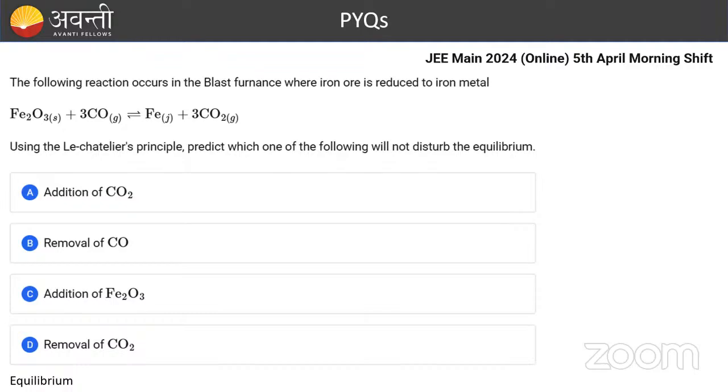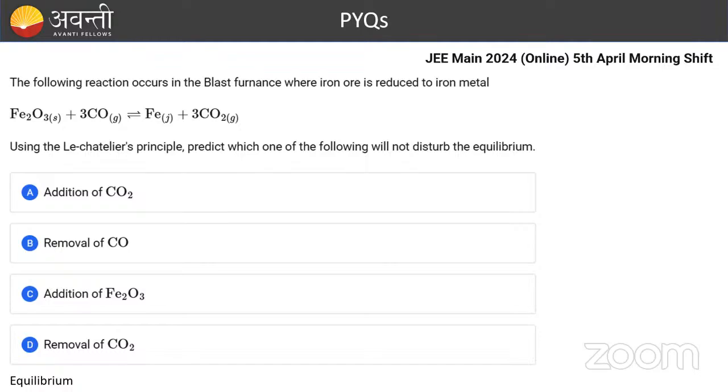Concentration means increasing or decreasing the concentration of reactant, and on the other side, increasing or decreasing the product concentration; the equilibrium will get affected. Pragati is saying option C is the correct answer. Let's check.